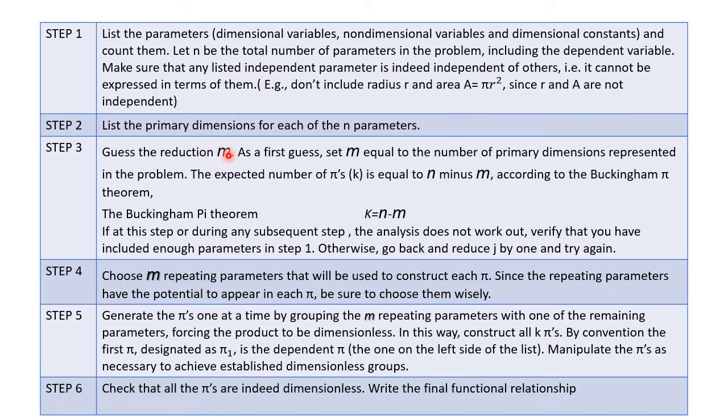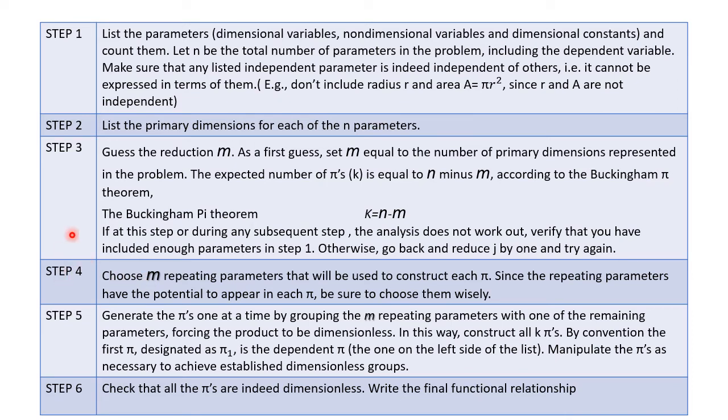If you find the primary dimensions equal to 2, like the problems that we solved in the beginning, where we did not have mass, only length and time, then set m equal to 2. Then the expected number of pi terms will be equal to the number of variables minus m.